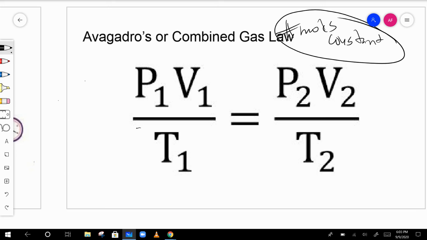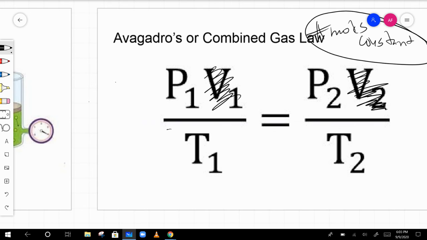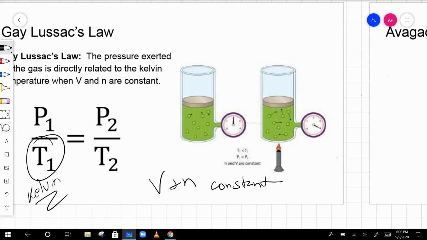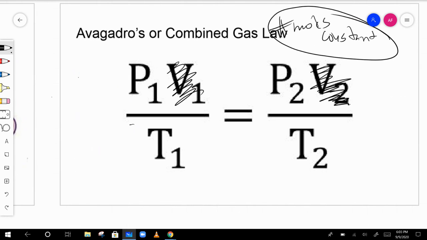If you hold volume constant, now you have Gay-Lussac. So P over T equals P over T. If you hold pressure constant, now you have Charles. V over T equals V over T. So if you memorize this one, you can just figure out the other ones.